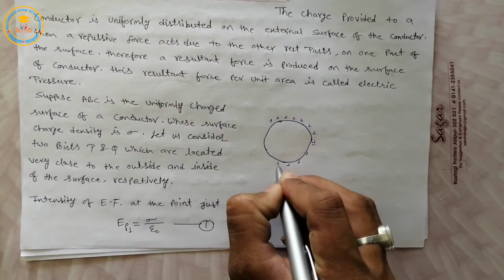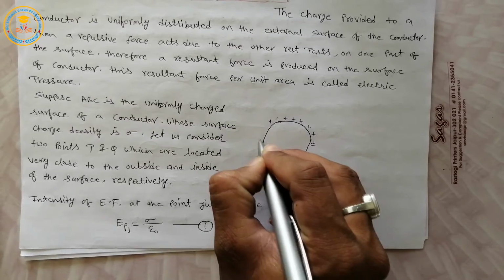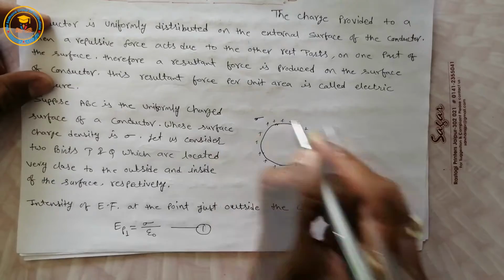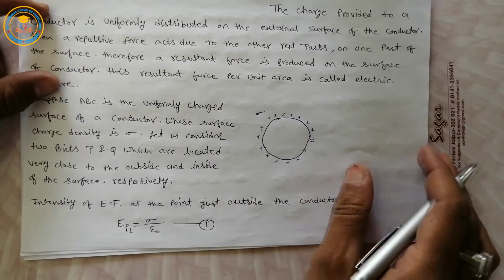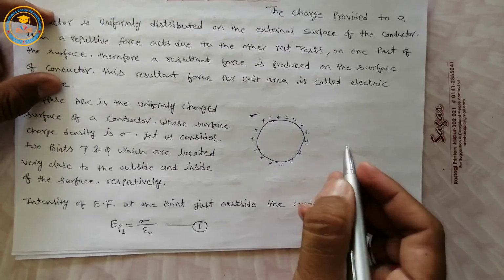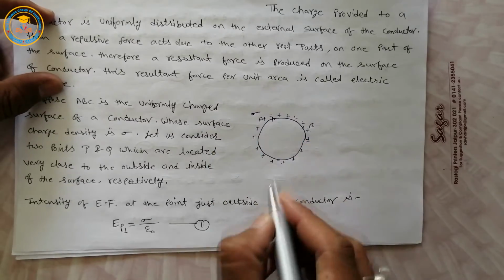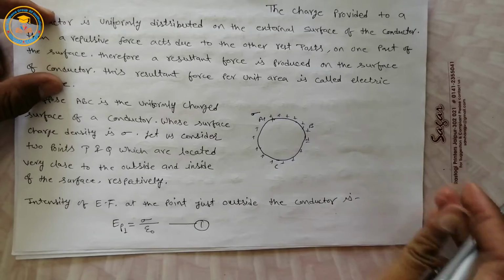Then the surface charge density of this conductor is sigma. The name of this conductor is ABC.